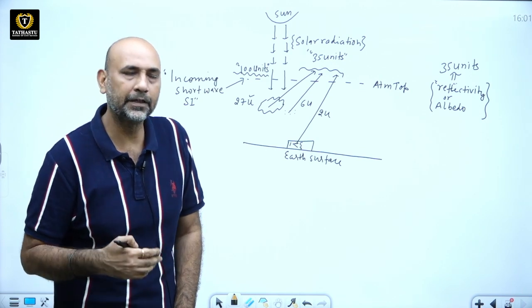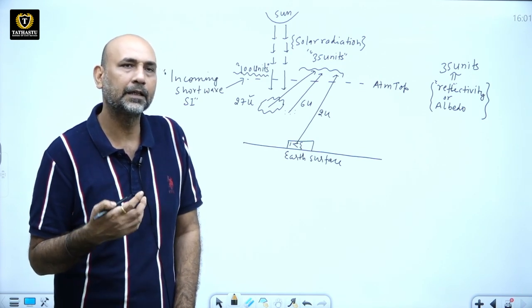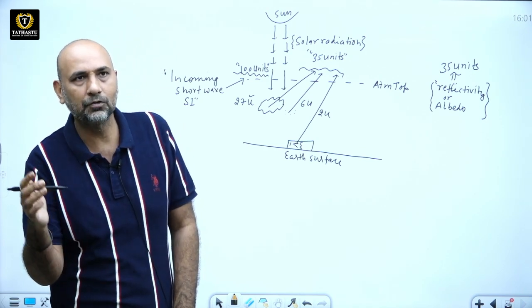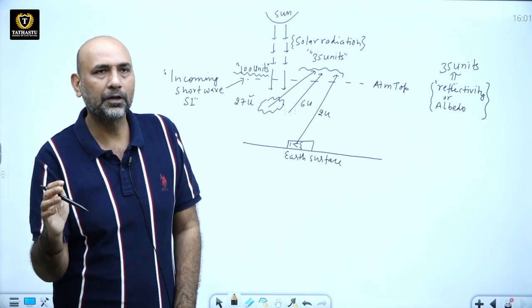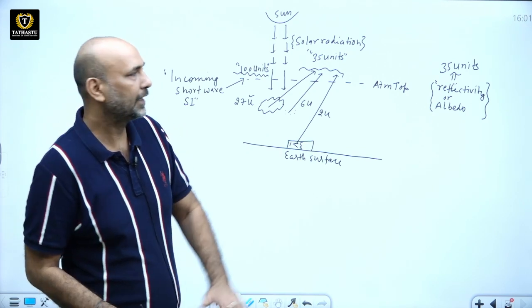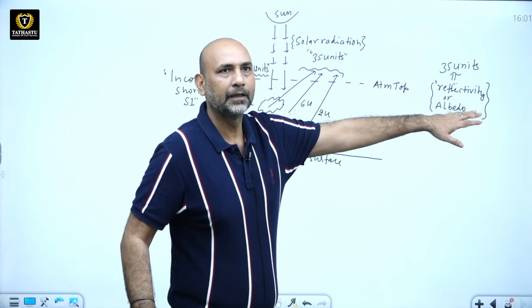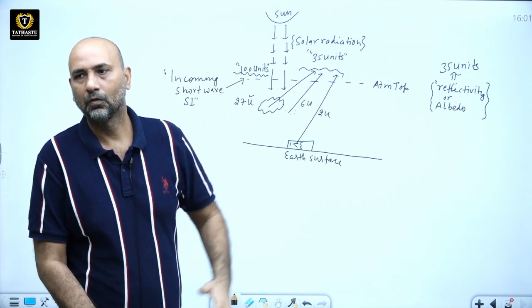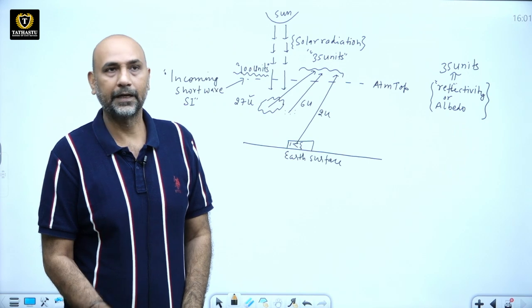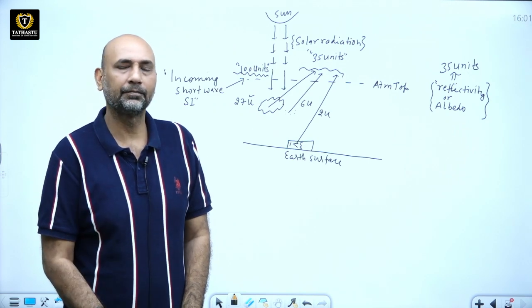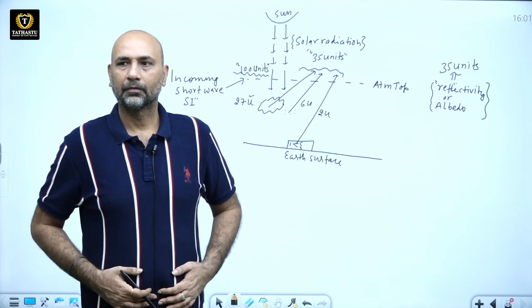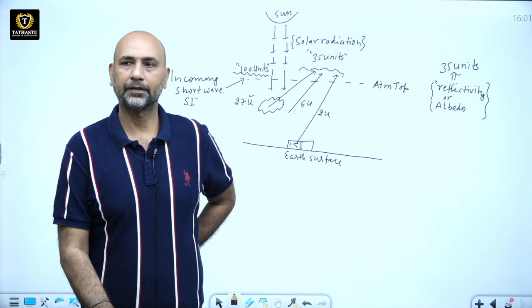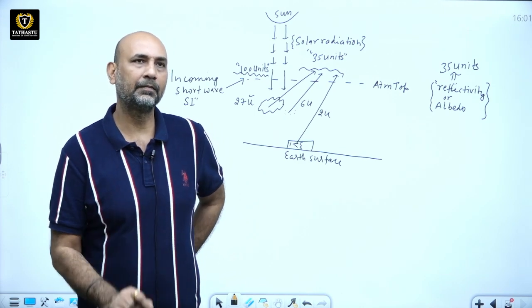If the albedo increases, Earth will move towards global cooling, and if the reflectivity of Earth declines, Earth will go towards global warming. Later on, these aspects are going to become important in global warming and all that, because it is a very fundamental topic.